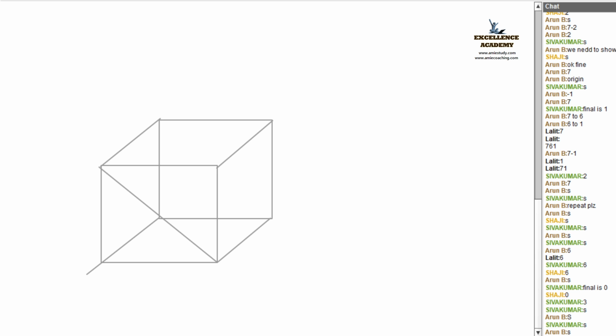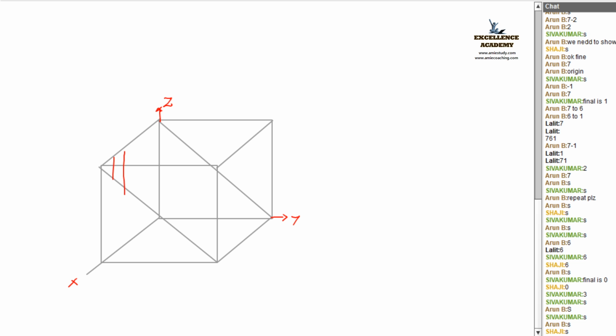Can you see that plane? A plane is inside this one. Let me complete my drawing. This is my x-axis, this is my y, and this is my z. Can you see that plane? Here you can see one plane is here.